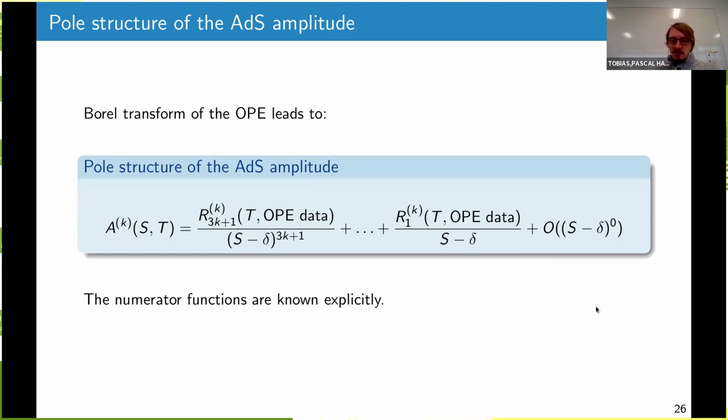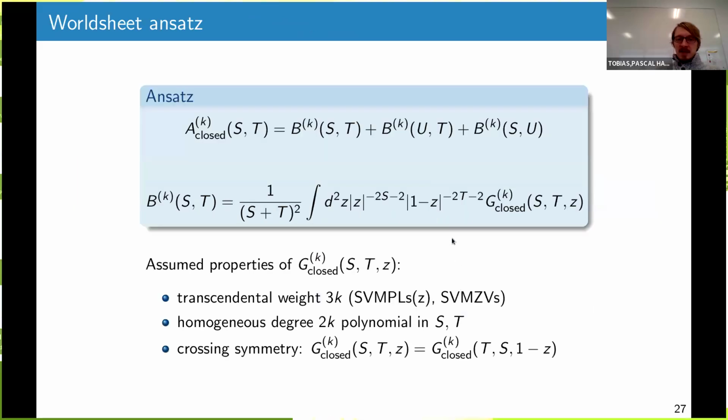So now we are ready to make an ansatz for these curvature corrections on the worldsheet. So this is our ansatz. We propose that we have this sum over 3 channels. This is inspired by string theory computations in superstring and flat space. And then each of these terms should have such a worldsheet integral with some unknown integrand g.